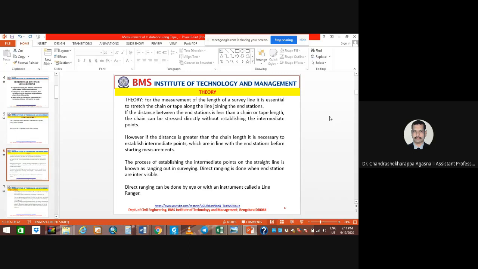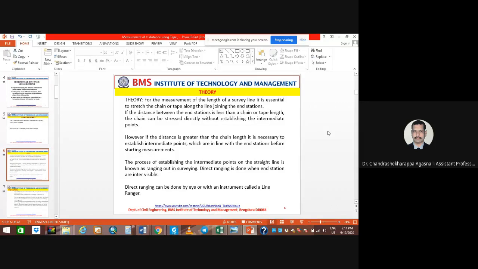If the distance between the stations is less than the chain or tape length, the chain can be stretched directly without establishing any intermediate points. However, if the distance is greater than the chain length or tape length, we have to establish intermediate points. For each and every area, we are not going to establish intermediate points. Only if required, then we establish them.